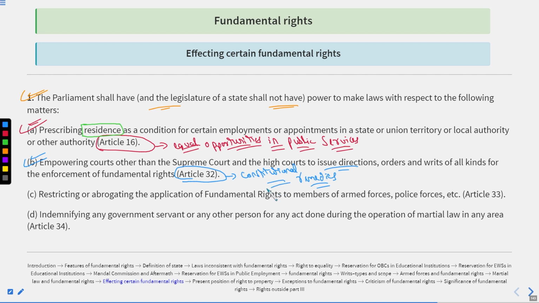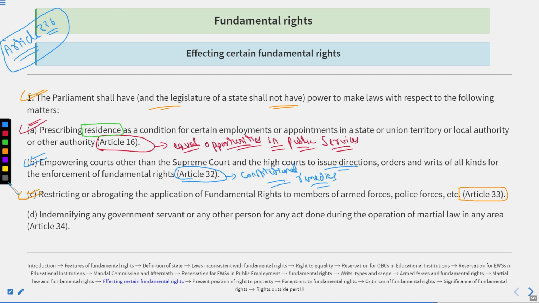As per Article 32, the Supreme Court could issue directions, orders, and writs, and as per Article 226, the power vests with the High Courts. Thereafter, restricting or abrogating the application of fundamental rights to the members of armed forces, police forces, paramilitary forces, etc., as per Article 33.